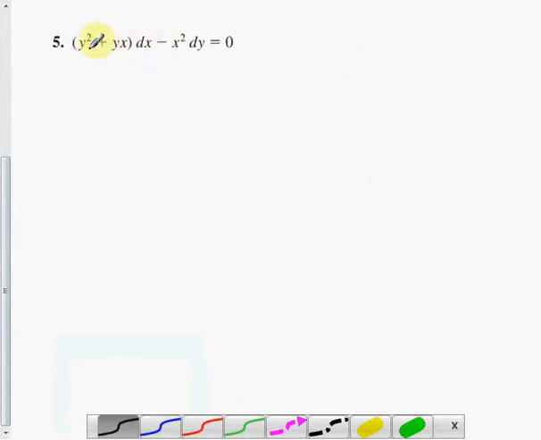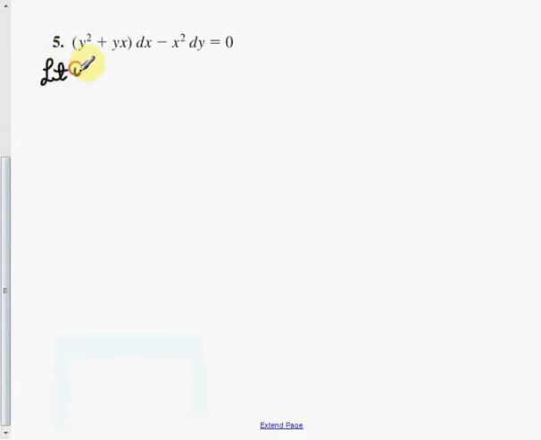So here, this will be y squared dx plus yx dx. So I have 2 dx's. I have 1 dy. So we'll let y equal to ux. Differentiate this substitution. So this is dy is equal to u dx plus x du. So wherever I have y, I'm going to replace that with ux.